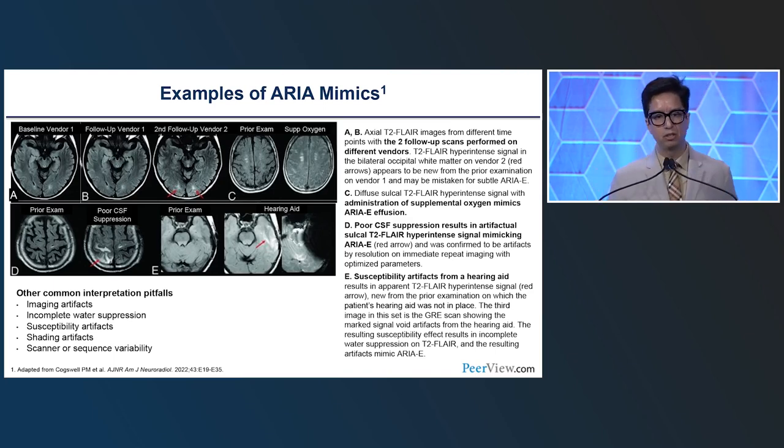There can be mimics of ARIA, and so for instance, what we're seeing here are examples of that kind of typical hyperintensity you can see around the occipital aspect of the ventricles. You can see that supplemental oxygen can lead to FLAIR non-suppression. Susceptibility-weighted imaging findings can be mimicked by hearing aids and such. And then, of course, you can have poor CSF suppression as well.